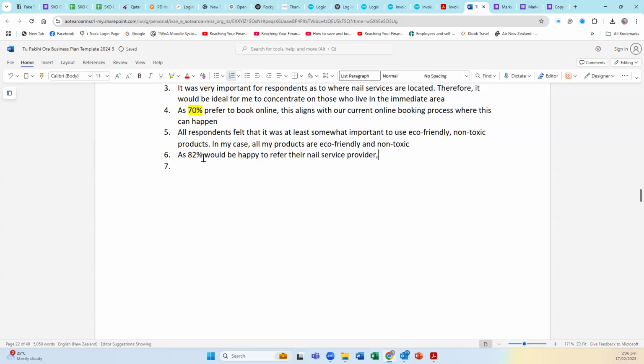And this is where you can offer some type of incentive. I will offer, I don't know, a referral discount. It could be a referral fee, or it could be even just a discount of their next service, 20% off their next service.